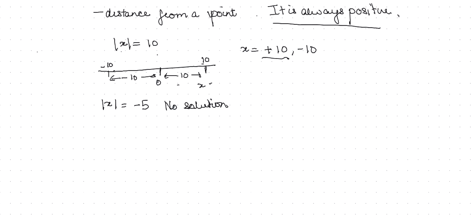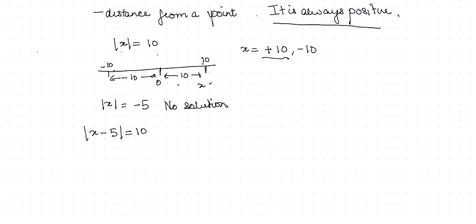So suppose it is given that absolute value of x minus 5 is equal to 10, then we say that the distance from 5 is 10. How do we solve? Because the absolute value is here on the left side, nothing else is there, and this is 10.